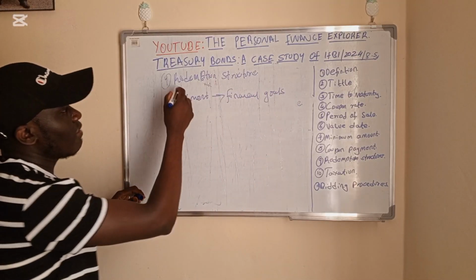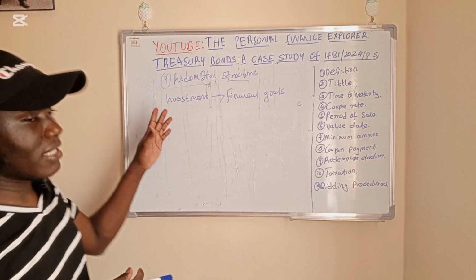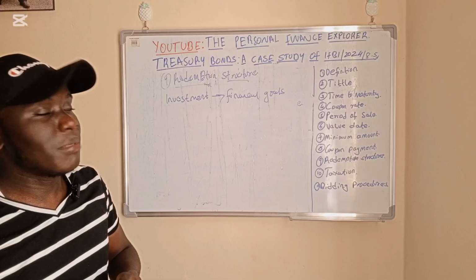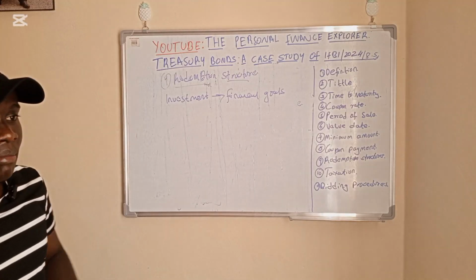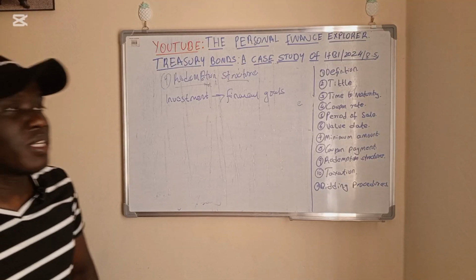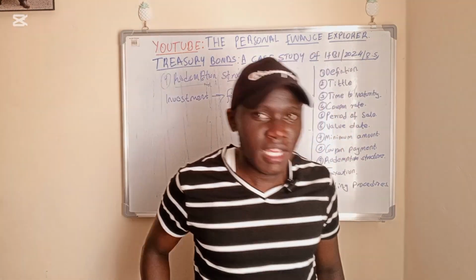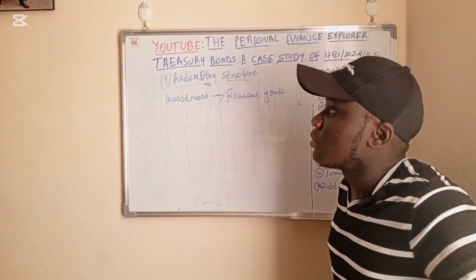Because if you don't understand the redemption structure of a bond, you can invest in a bond that will not be in line with your financial goals. Maybe you have a son who is joining Form 1 in the next 2 years, and you have already set some money aside for him to go to school.